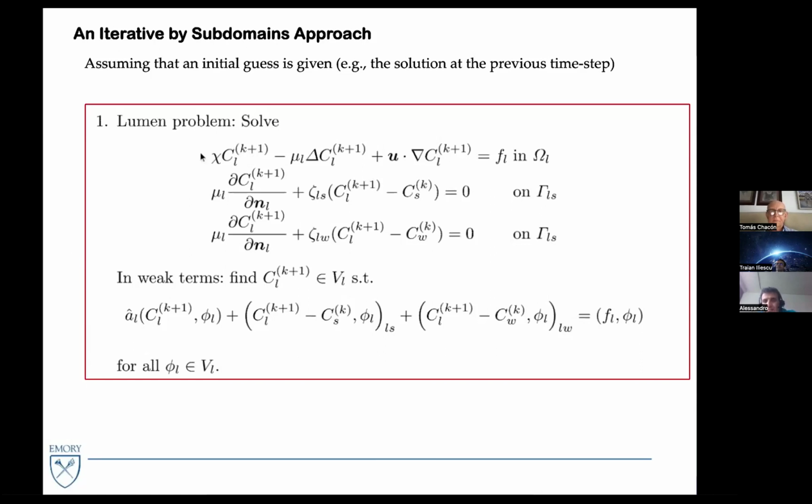So the time step is frozen. One of the simplifying assumptions is that the concentration is not affecting the flow. We are assuming that the flow is occurring independently of this concentration, which is a simplifying assumption.